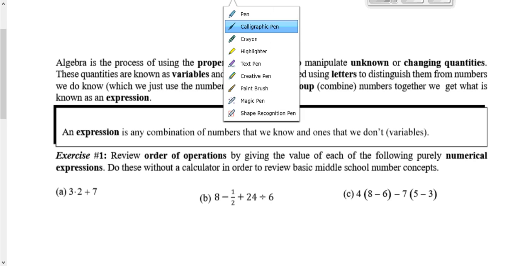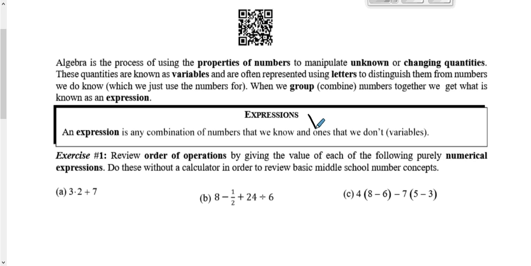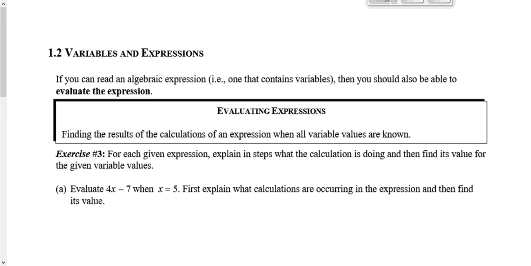So we'll do the notes page. Let's go to our blank notes page here. There we go. Order of operations.